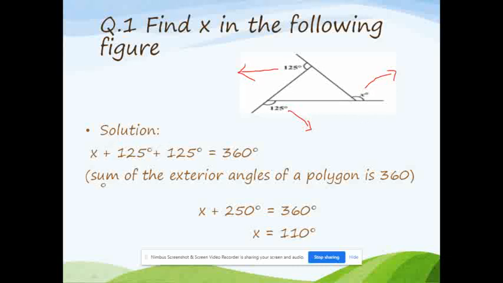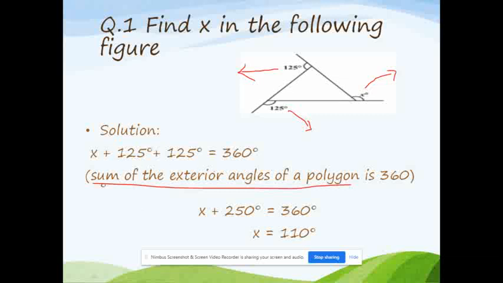Solution. We have a rule: the sum of the exterior angles of a polygon is 360 degrees. According to that rule, x is an exterior angle, 125 is also an exterior angle, and one more 125 is an exterior angle. So x plus 125 plus 125 is equal to 360 degrees.